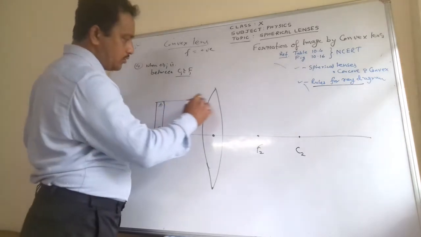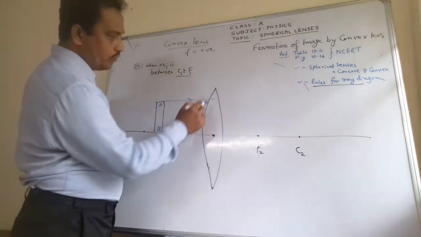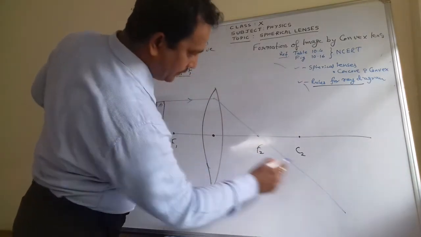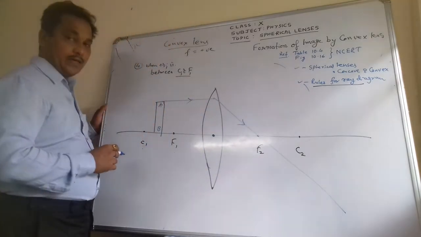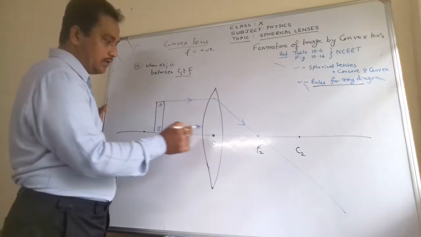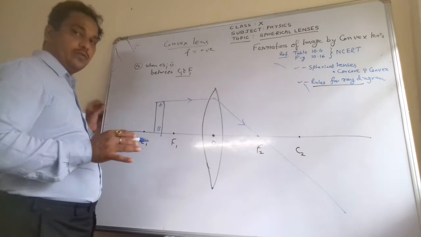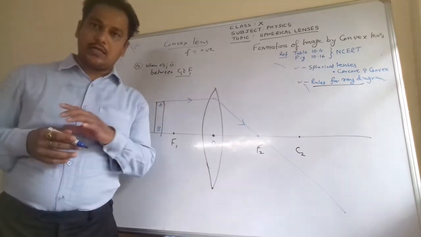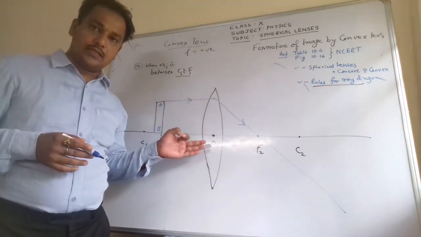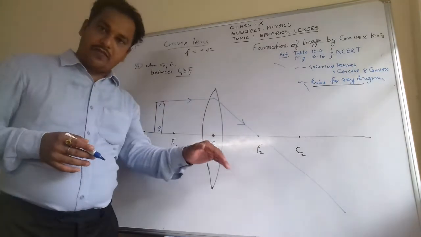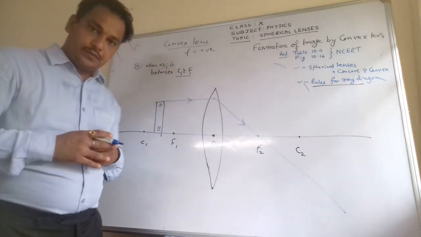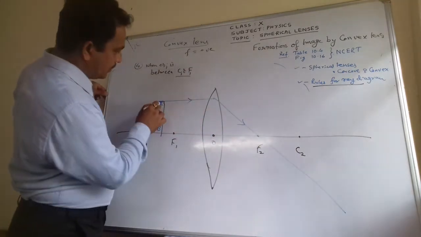Now a ray parallel to the principal axis will pass through the focus, and the other passing through the optic center will pass without any deviation. So the definition of optic center, you can say, is a point at the midpoint of the lens where the ray passes, refracts without any deviation.